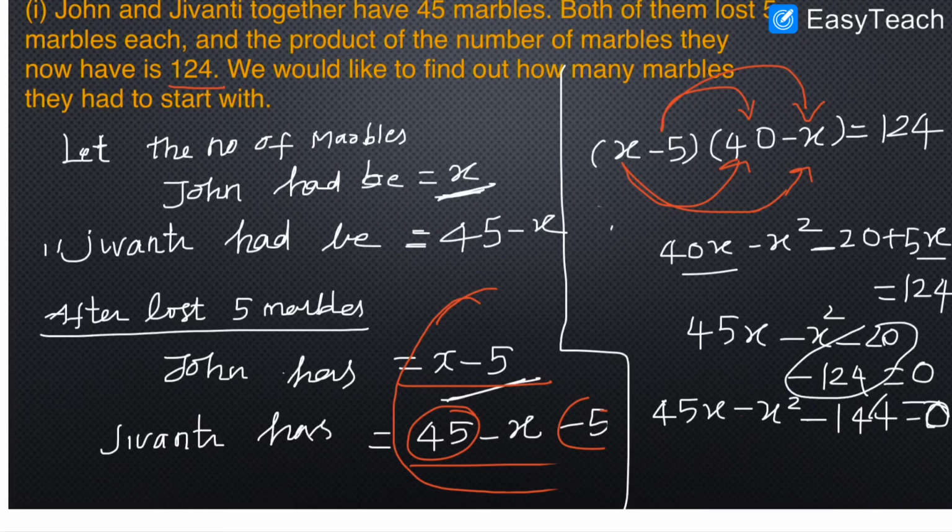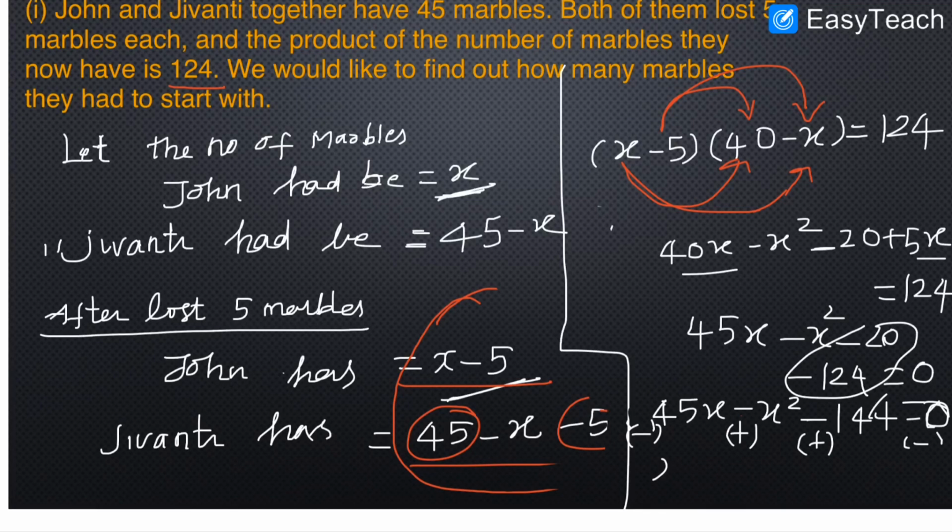Let me write it in the proper way. For minus x square, I want to change the signs on both sides. Then we will get the positive x square. So just change the signs: minus becomes plus, plus becomes minus.